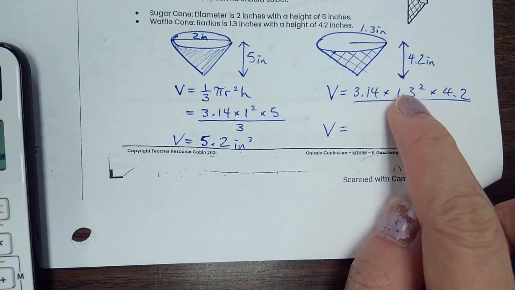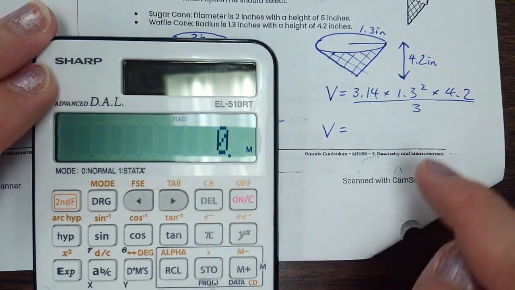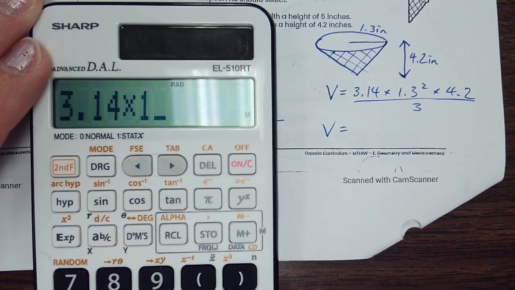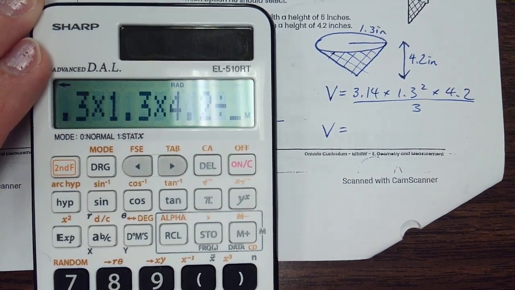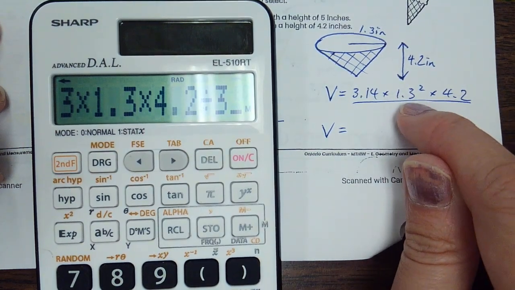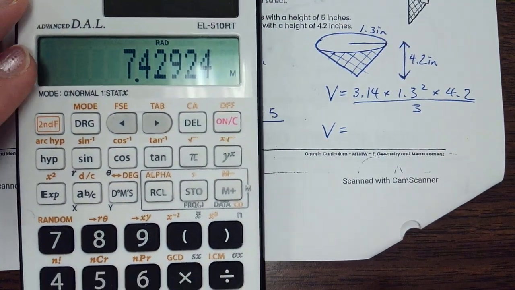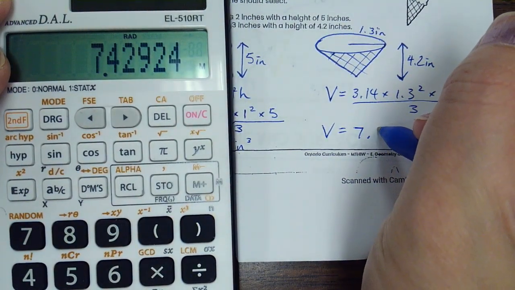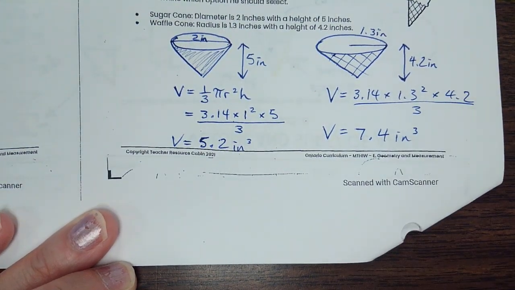When you do this on your calculator, I don't like to use the square button. I just like to times it by another one of these. So 3.14 times 1.3 times 1.3 times 4.2 divided by 3. So I can actually do everything in one line. And I'll get 7.4 cubic inches.